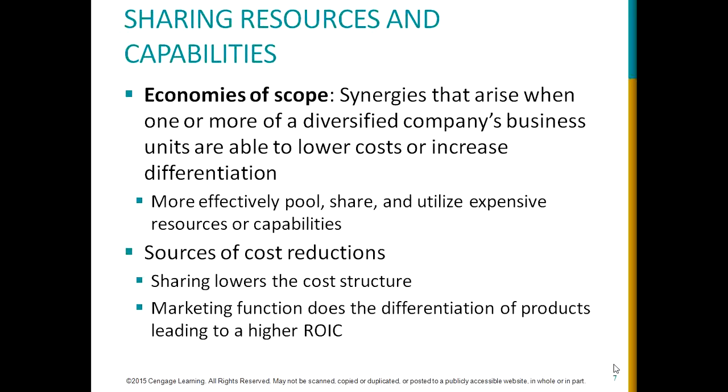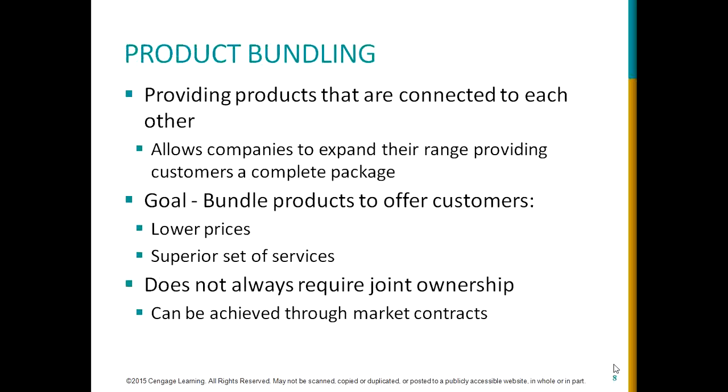Economies of scope, synergies that arise when one or more of a diversified company's business units are able to lower cost or increase differentiation more effectively, and so on and so forth. The sources of cost reduction is one more area, leading to higher return on investment. Now product bundling is an important one which is used there.